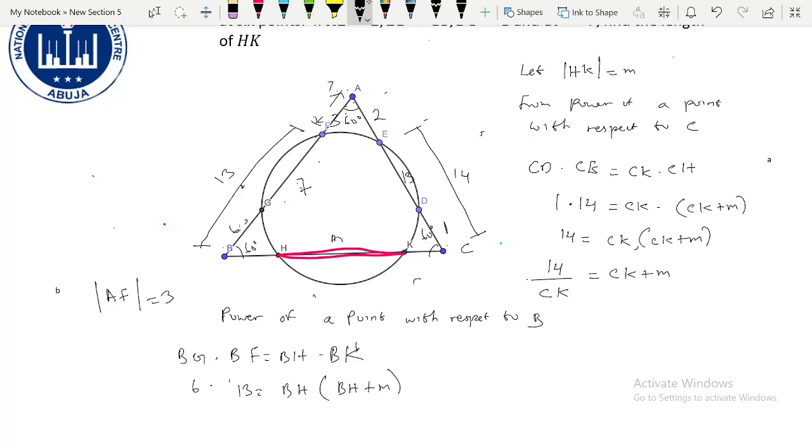So we have that 6 times 13, which is 78, equals BH into BH plus M, right?